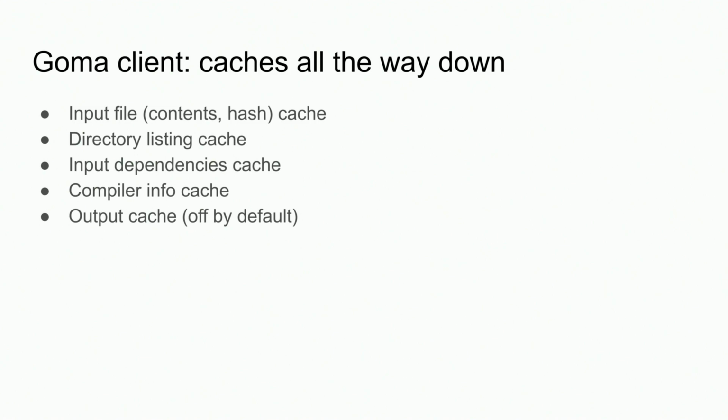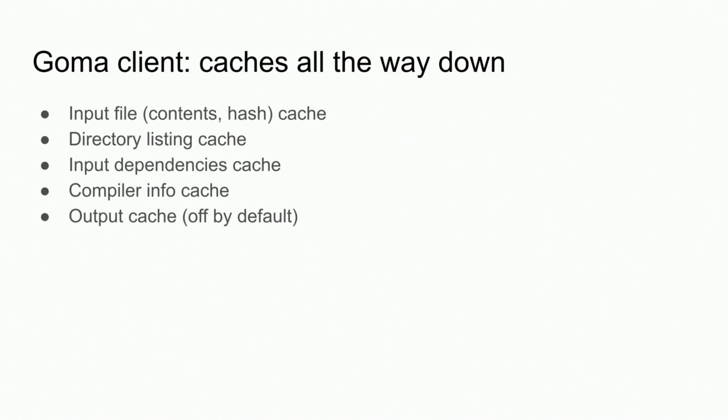Inside the Goma client, these are, I think, the few caches that I found this morning when I was double checking my notes. There's an input file cache, so you don't have to continuously reread the same header files on every compile unit. There's a directory listing cache, so you don't have to hit performance problems in your file system, particularly on Windows, I think.